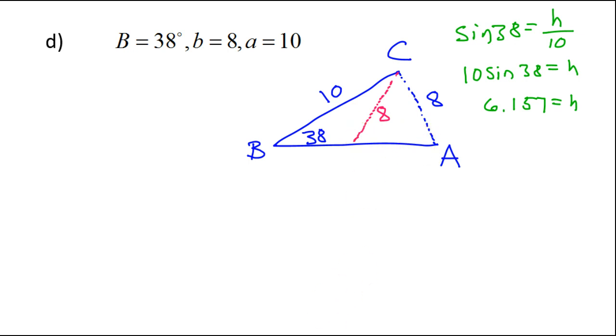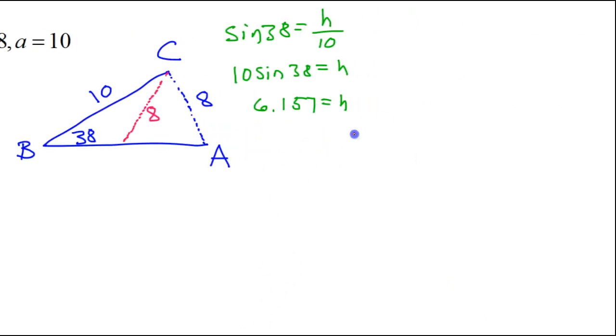So, because I'm going to have two triangles, I'm going to need another drawing. So I'm going to draw this triangle that has this position over here. All right, so this is that angle B, that is 38.